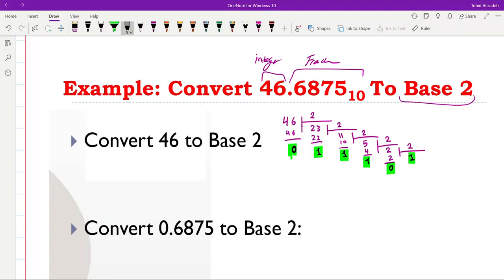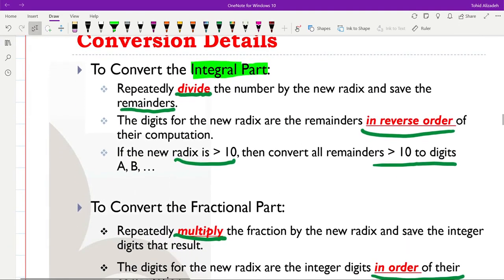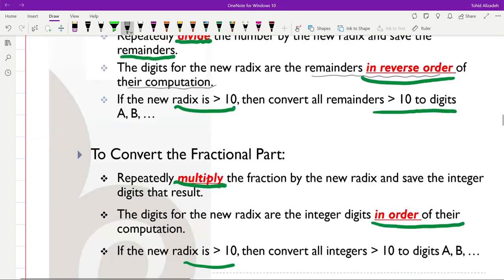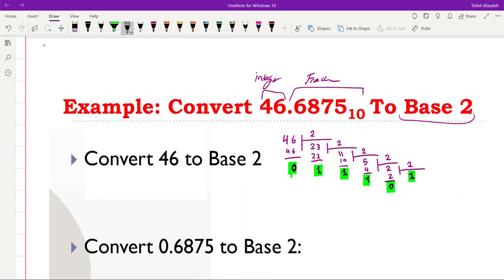And then, as we just mentioned in the previous slide, we will use the remainders in the reverse order of their computation. So the last remainder that we get will be used first.